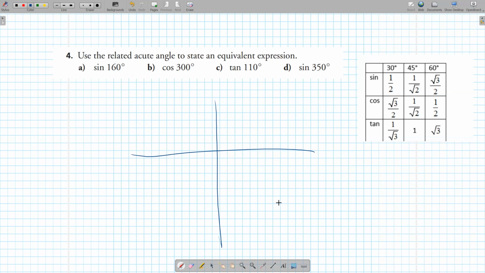Let's look at 110, C. In which quadrant is 110? The second one. Good, it is indeed in the second one. So if our principal angle is 110, what is our related acute angle? 70. So what does that mean for us? CAST. Tan of 110 is the exact same thing as what?